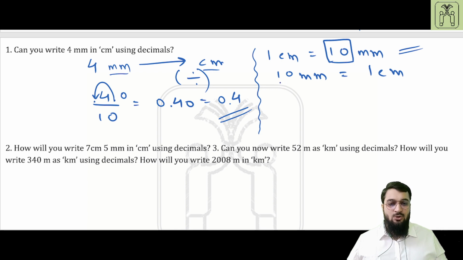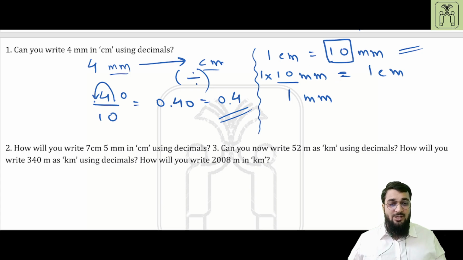Now what you will do, you will take this 10 and shift it on the right side of the equal sign. That is, it will be shifted to the right hand side or the RHS. So 1 mm will remain, because 10 can be written as 10 into 1.